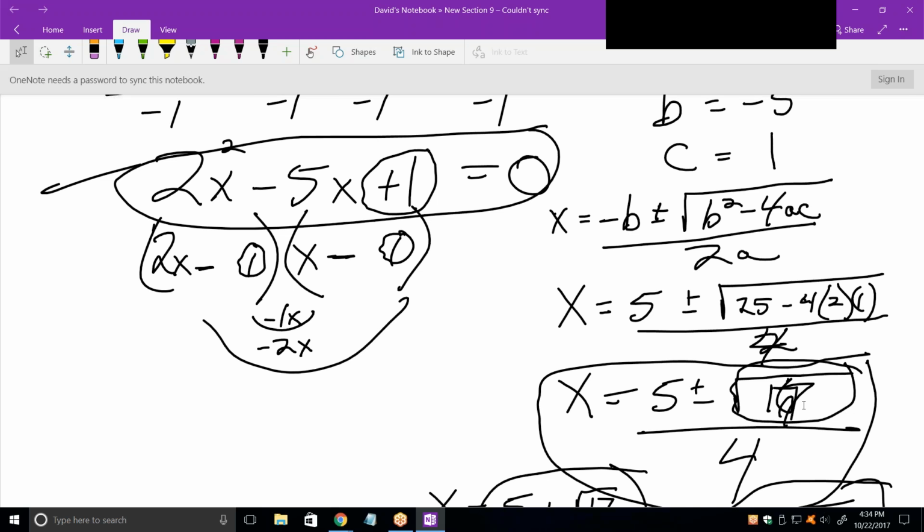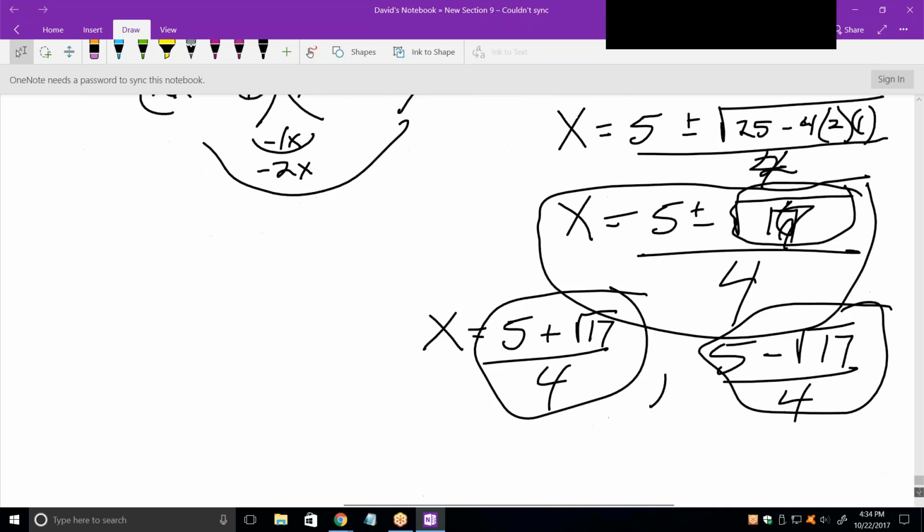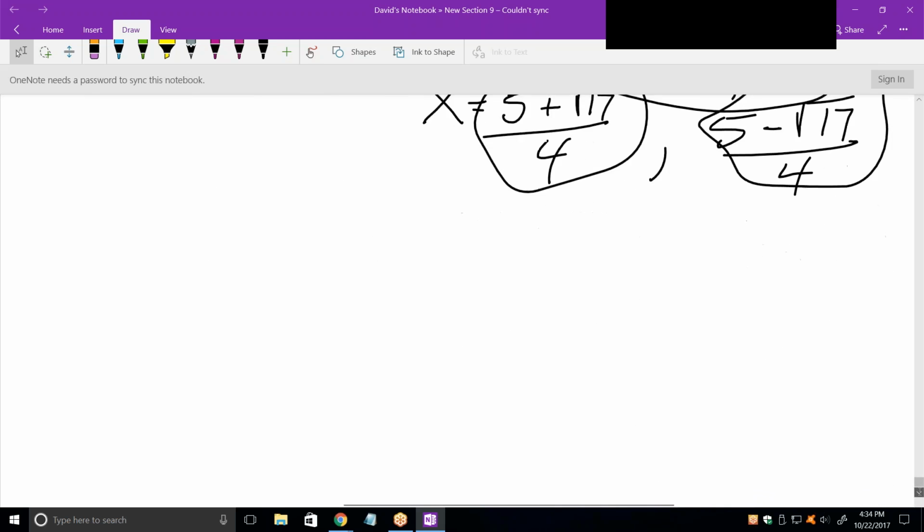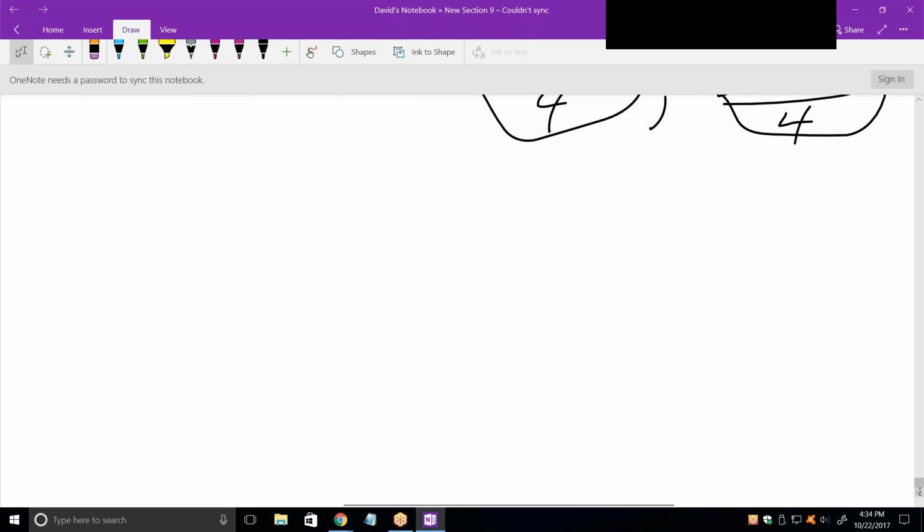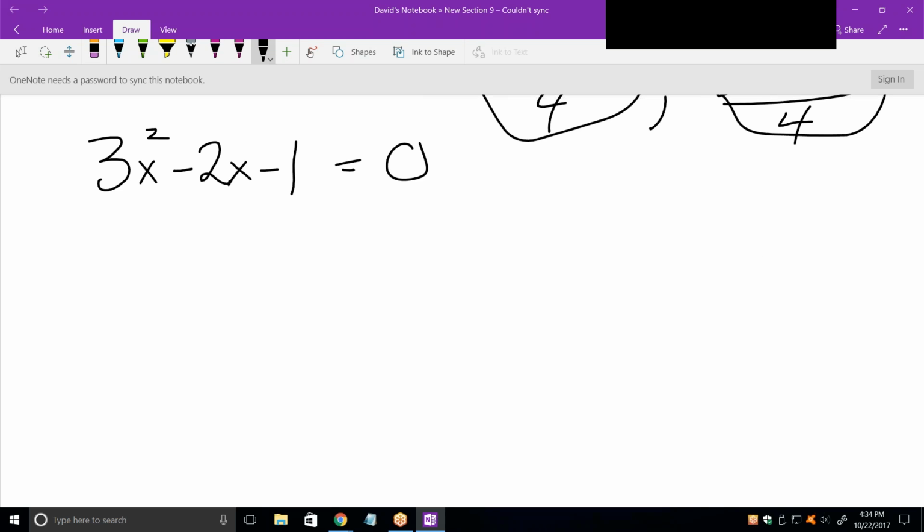Okay. All right. I have one more, and then we'll stop for now. So I have 3x squared minus 2x minus 1 equals 0. And I already know for a fact that I can't factor it, right?